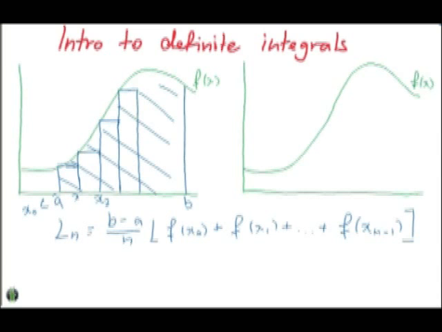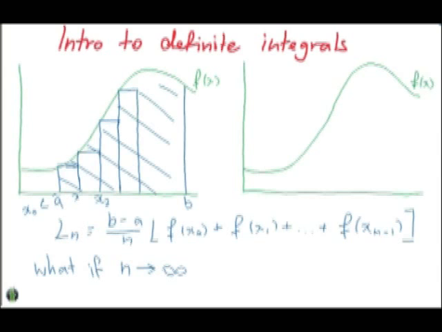Okay, so the idea in definite integrals is, what if our n got very large? In other words, what if we were able to approximate this area by using infinite strips?